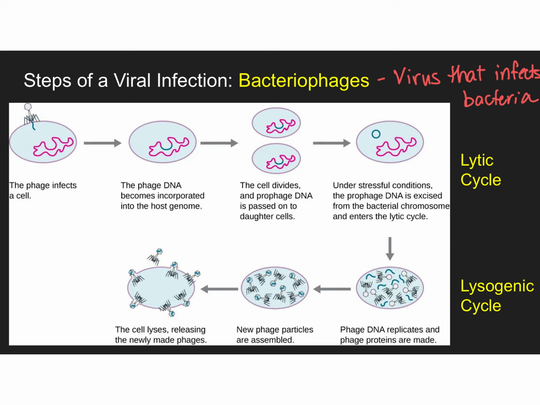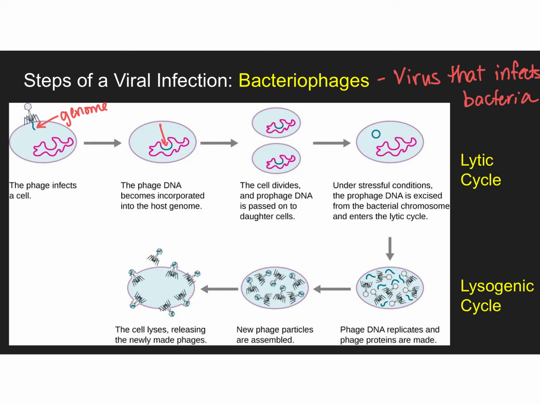So it's going to inject its genome into the cytoplasm or the cytosol of the bacterium. Now, interestingly, the DNA from that bacteriophage is actually going to become incorporated into the bacterial chromosome. Remember that bacteria have a single circular chromosome that makes up their genome. And in this case, this genome now includes some of that viral DNA.